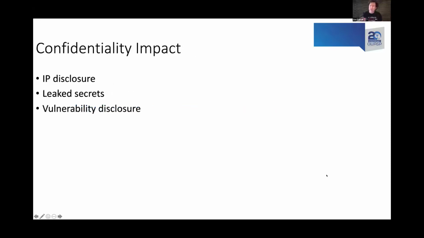So, from a raw concern standpoint, what are we worried about in the CI/CD pipeline? The potential confidentiality impact of a breach in your CI/CD pipeline: IP disclosures. Organizations have algorithms that are subject to trade secret protection. There are concerns about access to source code that people aren't supposed to have access to.